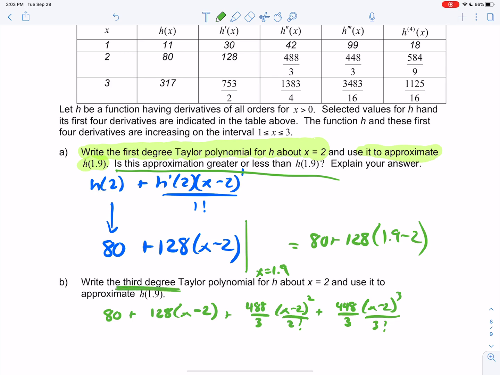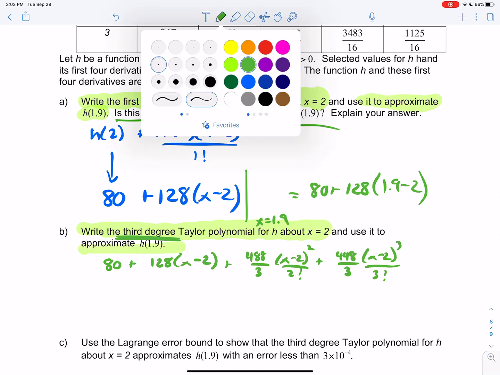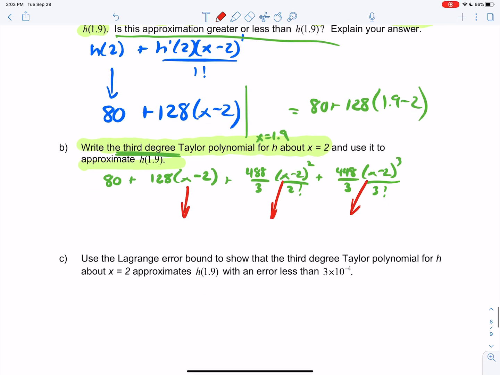So we went up to the third degree. We answered that first part of the question here. We want to use it to approximate h of 1.9. I'm not going to write it out, but you're just going to plug in 1.9 into each of these. All right?